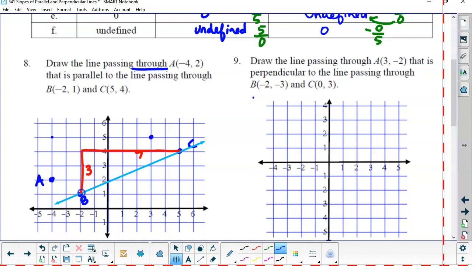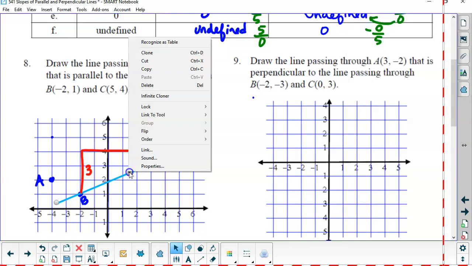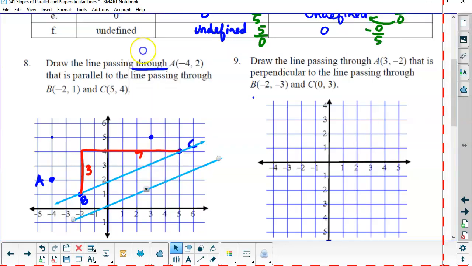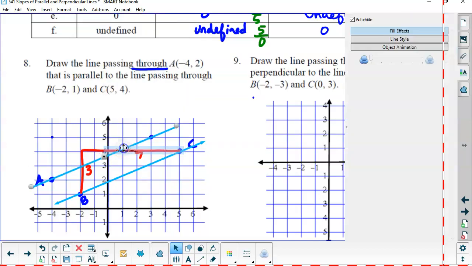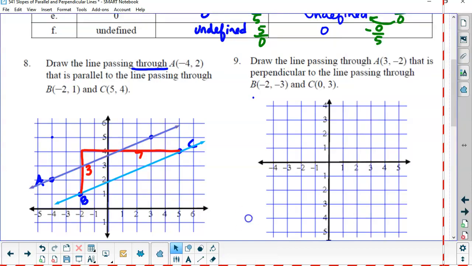So that means we're going to draw a line, and here on my smartboard, I can just draw it. I'm going to take that, and it's going to go through A and this new point. Maybe I'll do a different color now.